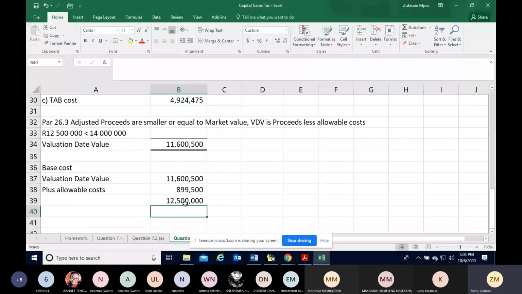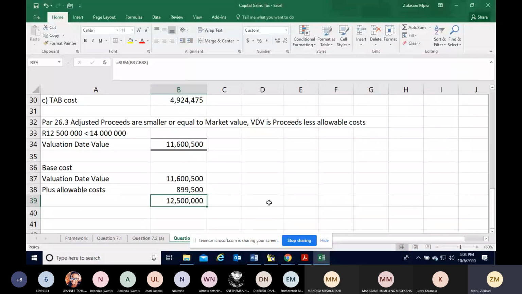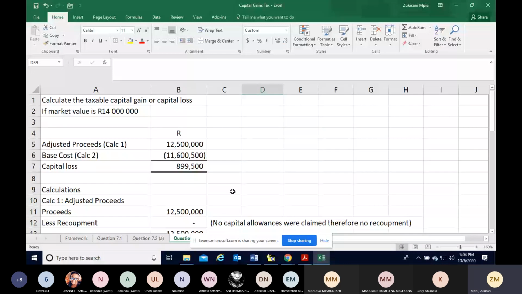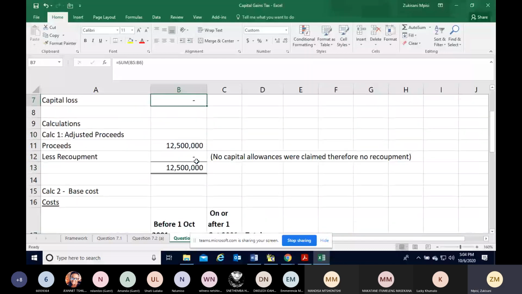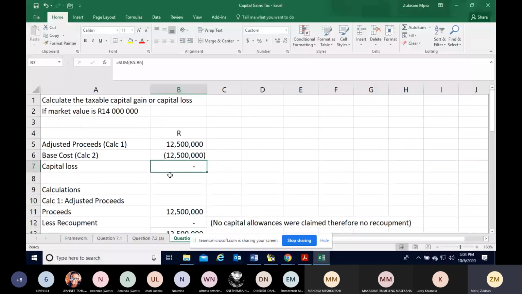Therefore, your base cost is therefore 12,500,000. The formula there is capturing a wrong cell. So which means that your base cost will therefore be 12,500,000, and therefore you will not have a capital gain and you will not have a capital loss.